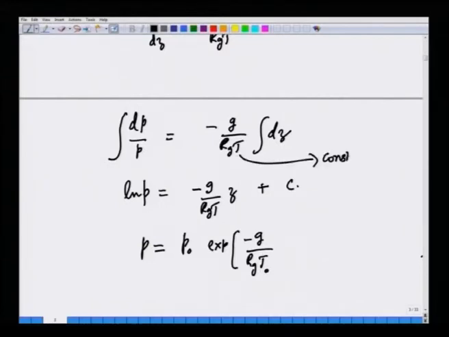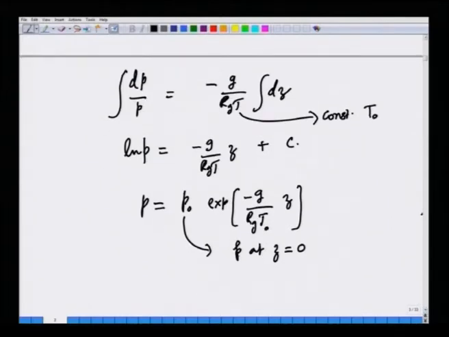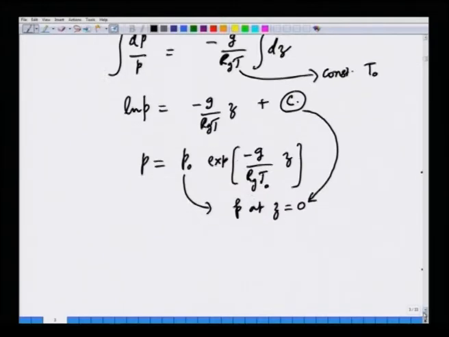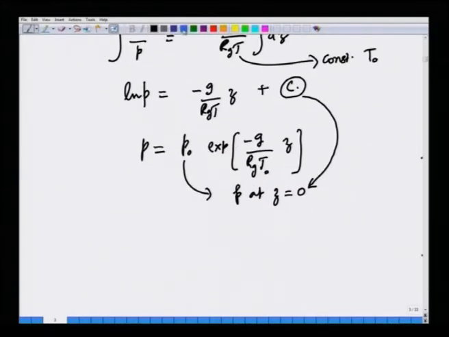The air is at constant temperature. So, let us call that constant T naught. Okay. This P naught is the pressure at z equals 0. That is the boundary condition we use to fix this constant. This constant is fixed by saying that the pressure at z equal to 0 is P naught. So, P is P naught times exponential of minus g by R g T naught z.